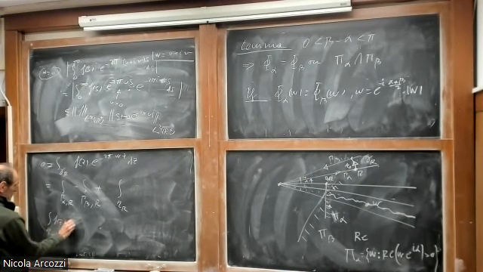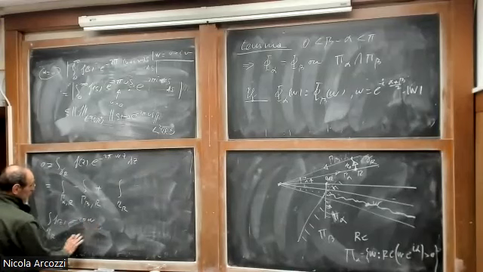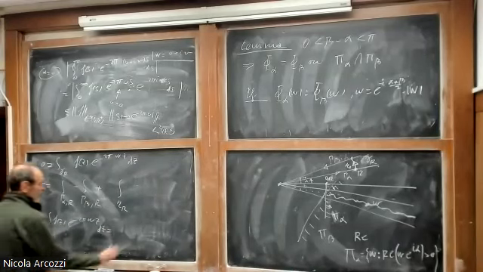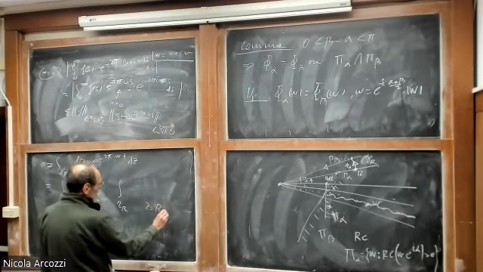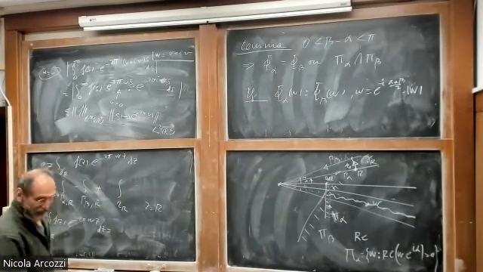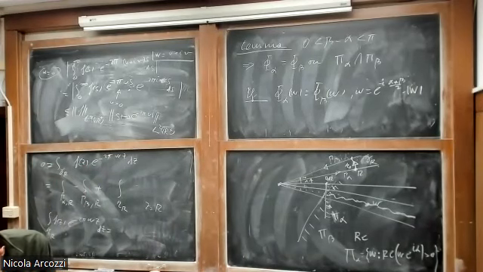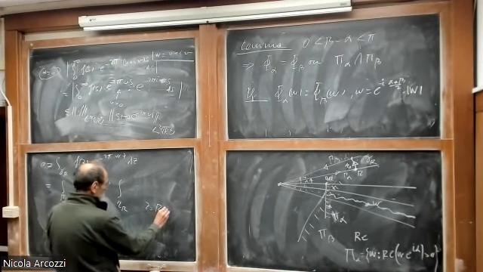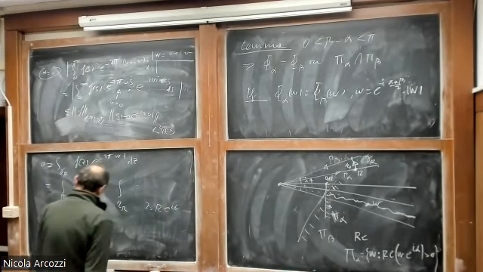On that arc, z is equal to R times e to the i t.